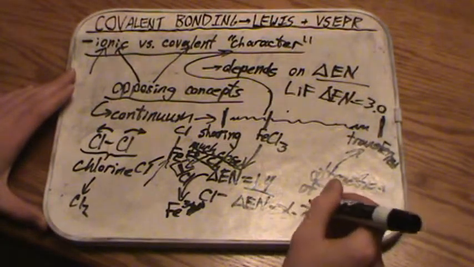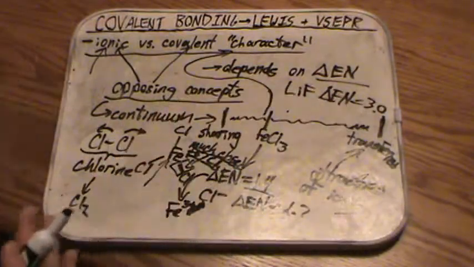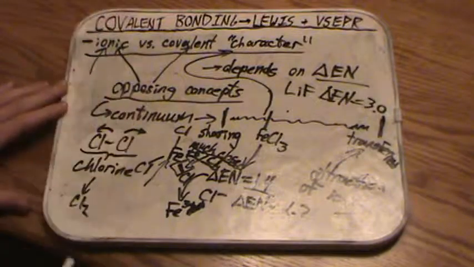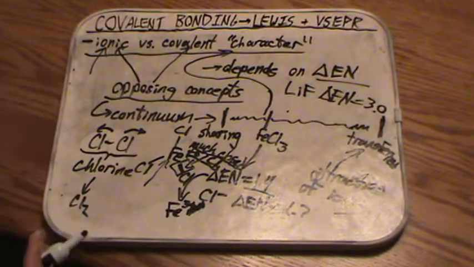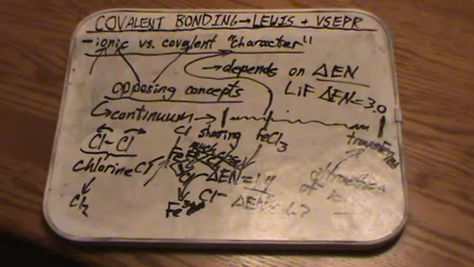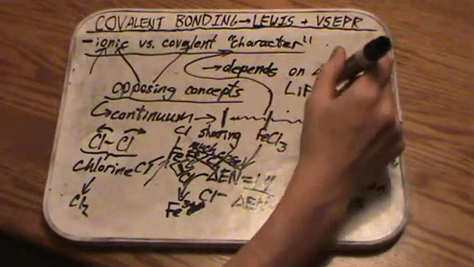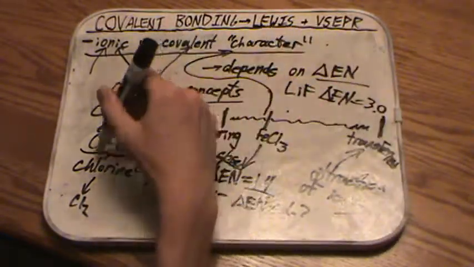So anything above 1.7, if we wanted to pigeonhole the idea, we would say it is an ionic bond. So in this way, maybe we could say that the majority of it is an ionic bond, rather than saying that it is all an ionic bond, because as we know, there's a big continuum between, say, LiF and Cl2.